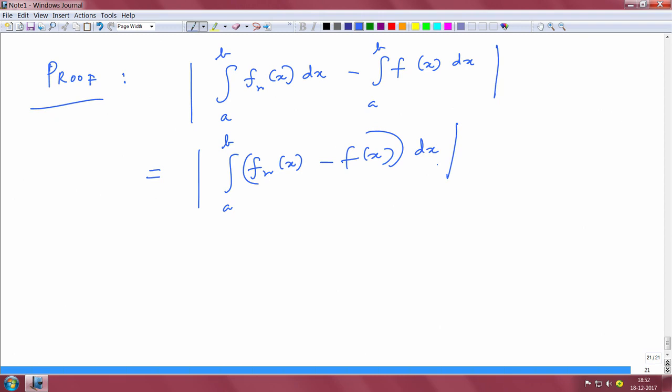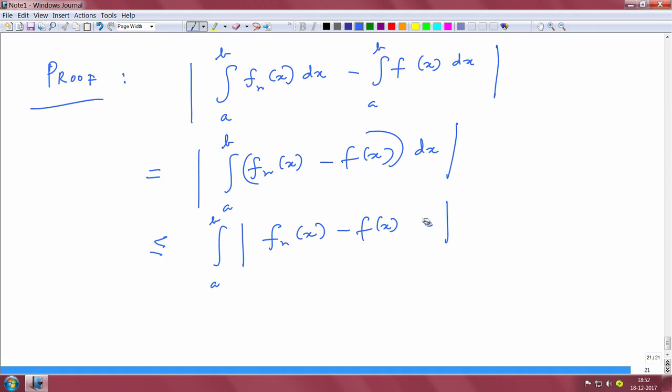I just wrote the integral sign before and I just took fn of x minus f of x. Now this quantity here is certainly less than or equal to the integral a to b of the absolute value of fn of x minus f of x dx.